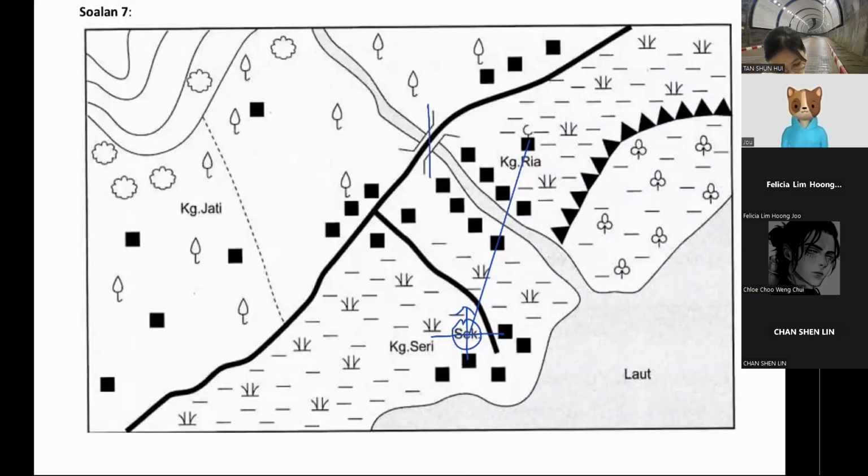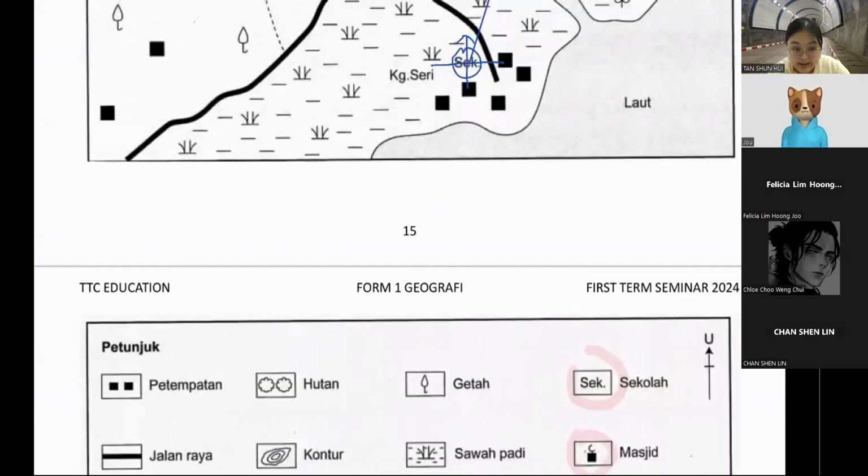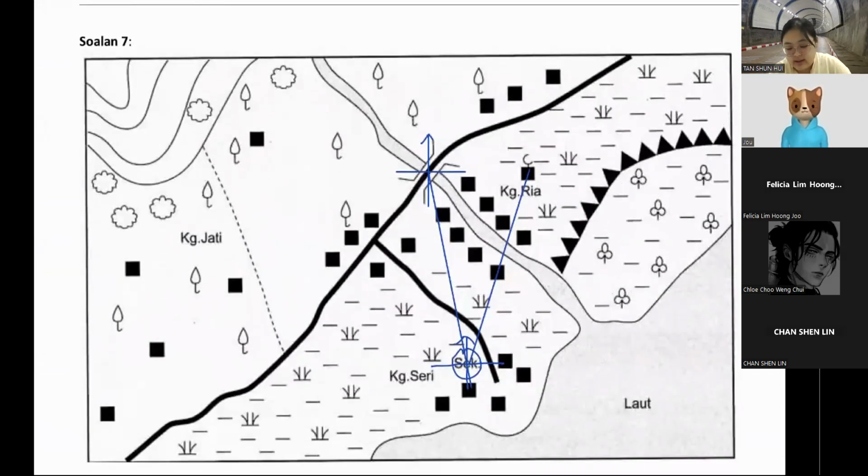Let's draw in the middle. Draw an arah mata angin to sekolah. Just now you drew this sekolah already. Draw a line down, use a ruler, and then take out your jangka sudut.